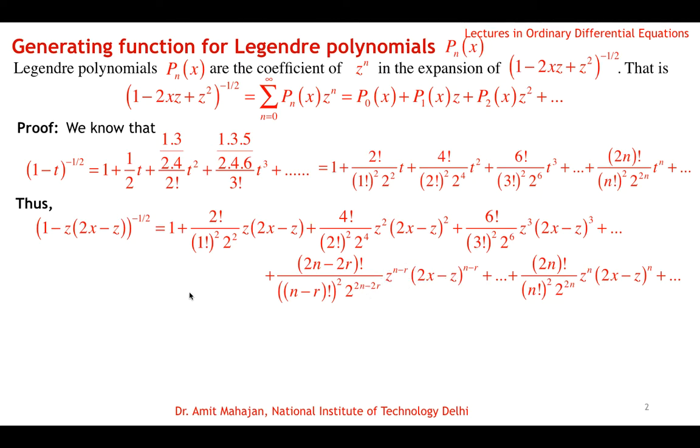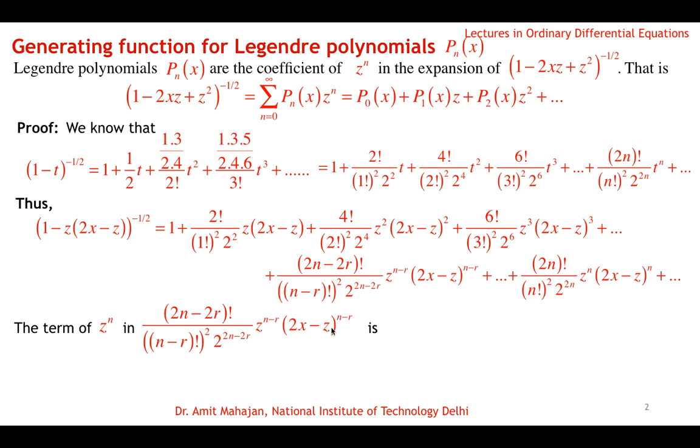So let us now write the terms of z power n from this particular term. The term of z power n in this will be when z power n minus r is already there, so if z power r term comes out from here.